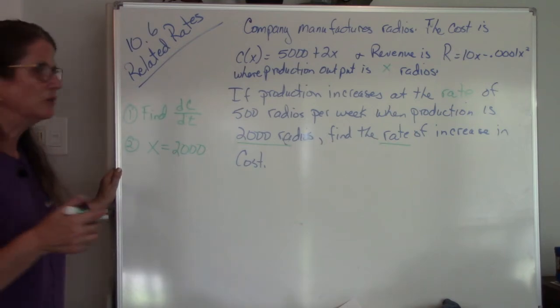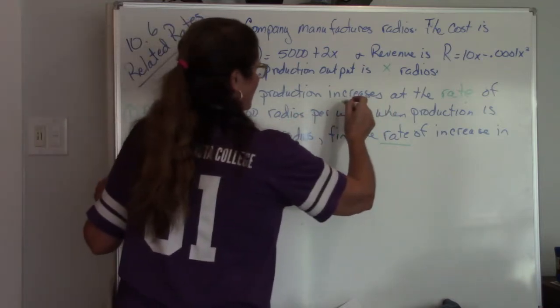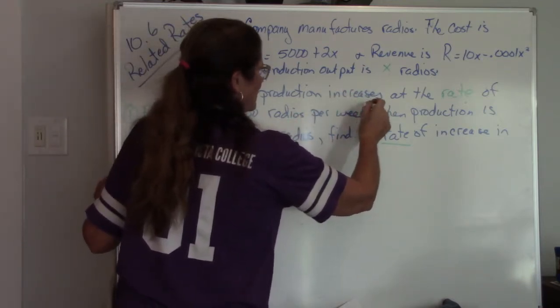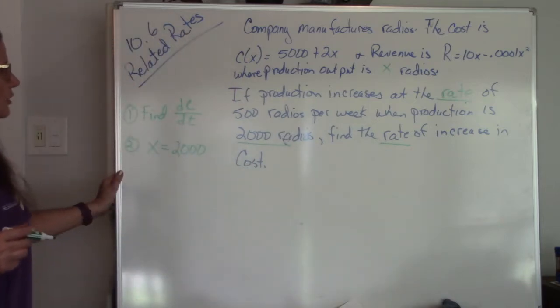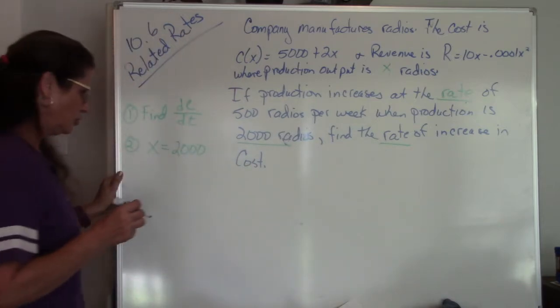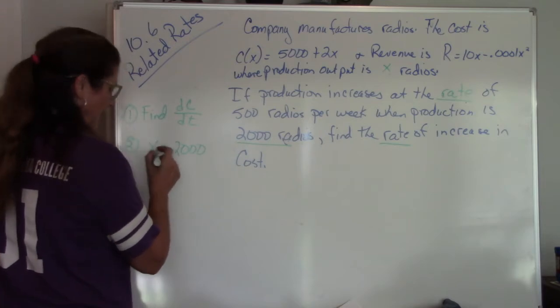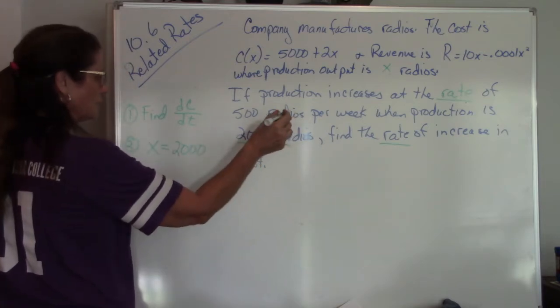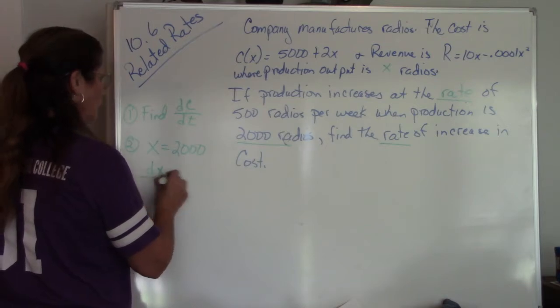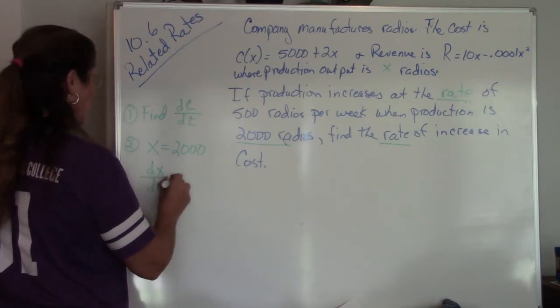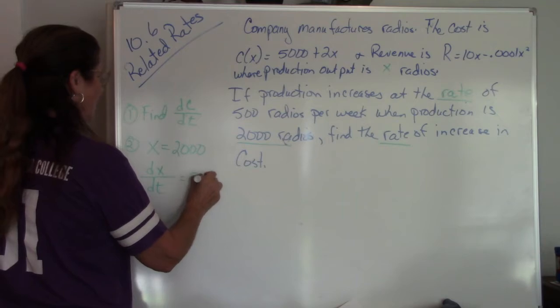What else do we know? Well, we know that the production increases at a rate of 500 radios per week. It's a rate, so we know it's a derivative. So the derivative of the radios in terms of time, dx/dt, is 500.